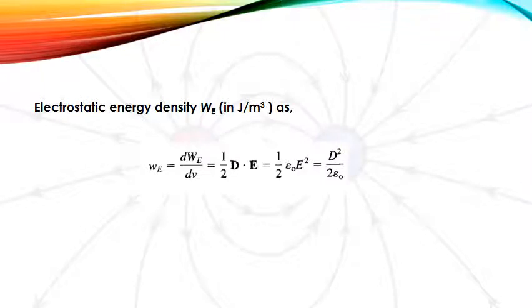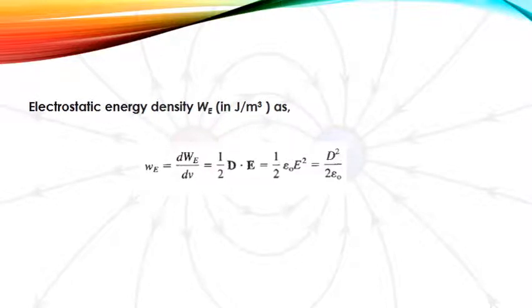We have considered it for volume, so work done per unit volume is the energy density. Therefore, WE is equal to half D dot E, that is half epsilon naught E square, that is D square by 2 epsilon naught. This is the value of energy density.